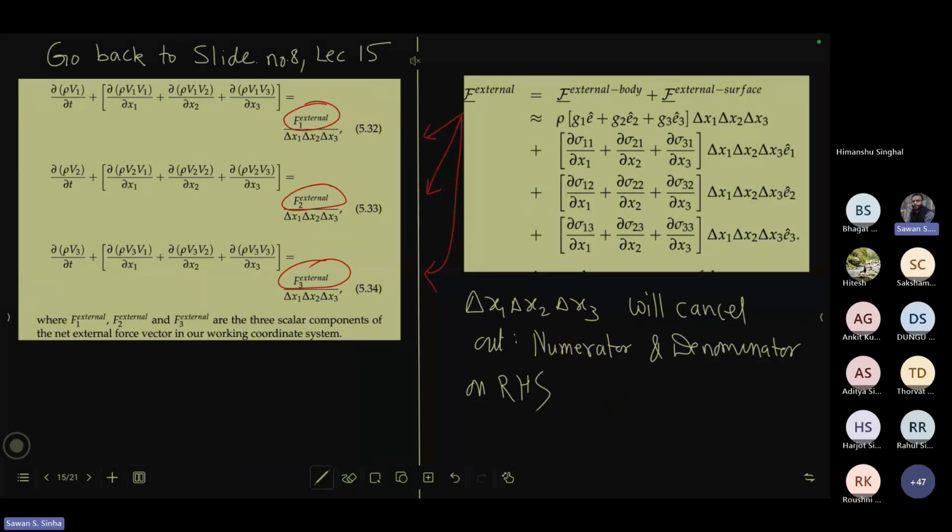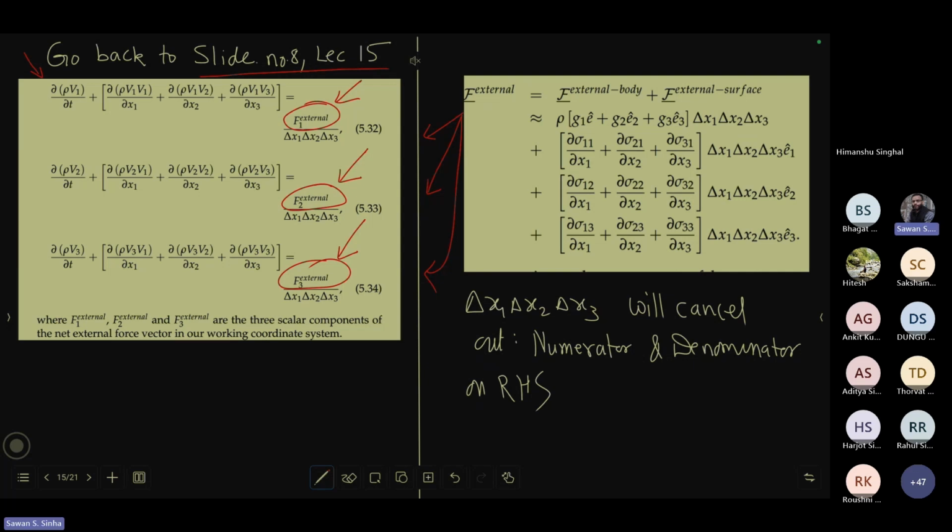and then I am now in a position to go back and complete the governing equation of the velocity vector. So in slide number 8, lecture 15, I reached up to this point in my quest to get the equation for V, and then I took a pause. I said that I need expressions for these forces, right? Then I talked about body force, then I talked about stress.